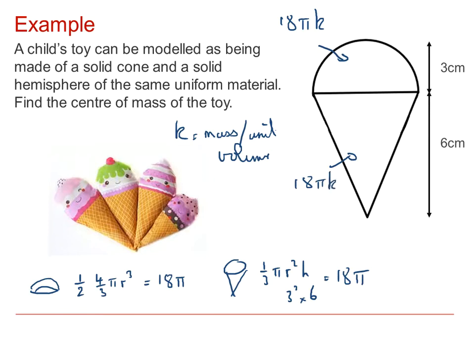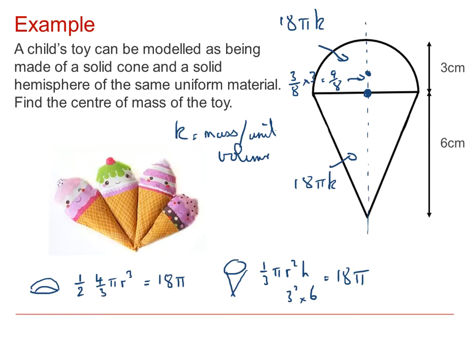The positions of the center of mass will be on the axis of symmetry, which comes down through here. The easiest point to take as our origin is this point here, because then we can use those formulae that we just looked at that you can quote. So the position of the center of mass for the hemisphere is at 3/8 of the radius, so 3/8 multiplied by 3 is equal to 9/8 above that point.